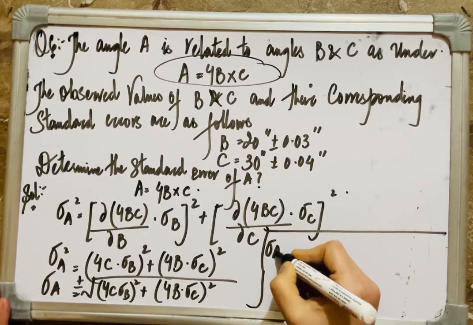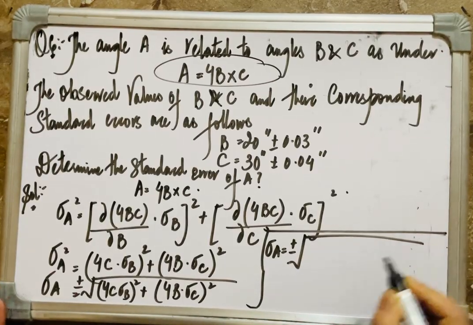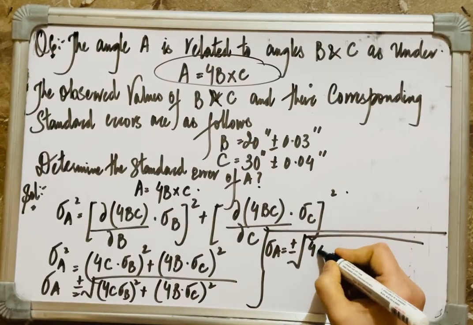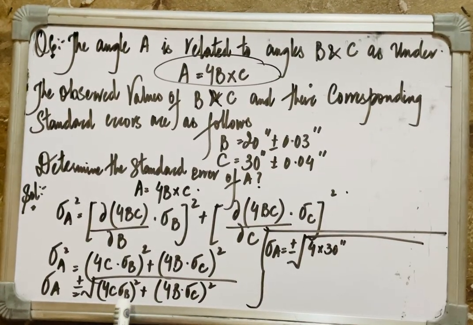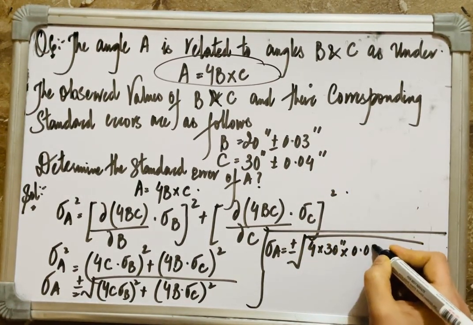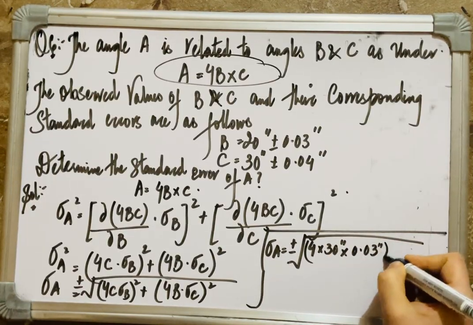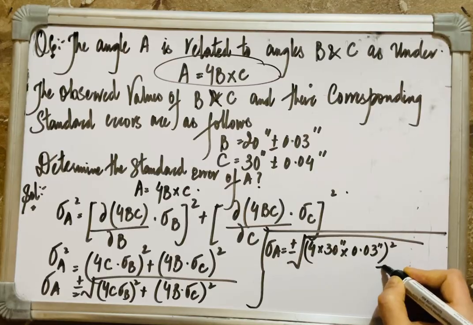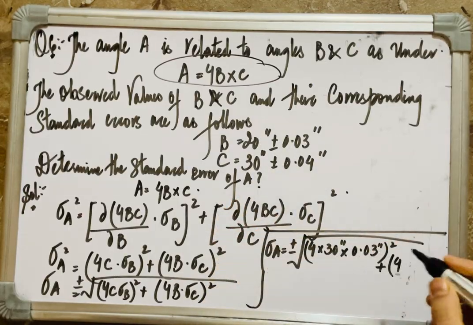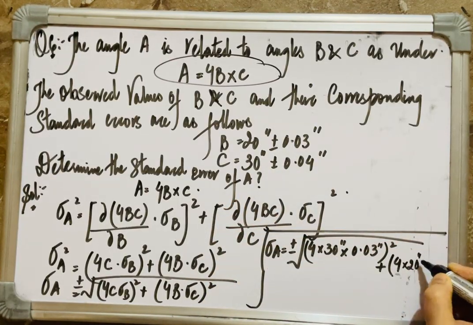So sigma A is how much? Plus minus square root of 4. What is C? 30 seconds. Sigma B is 0.03 seconds, squared, plus 4. What is B? 20 seconds multiplied by sigma C, the standard error in the angle C, which is 0.04 seconds.